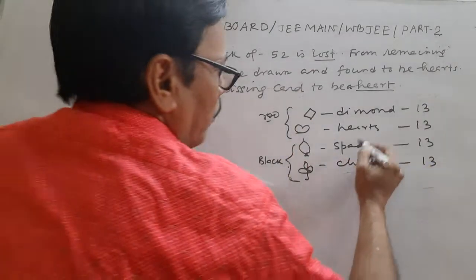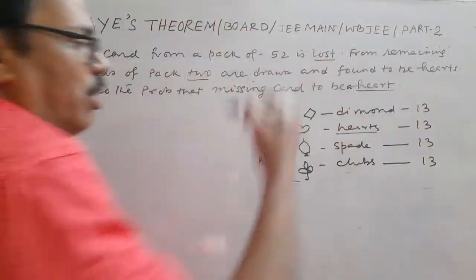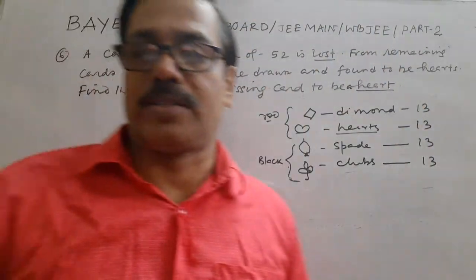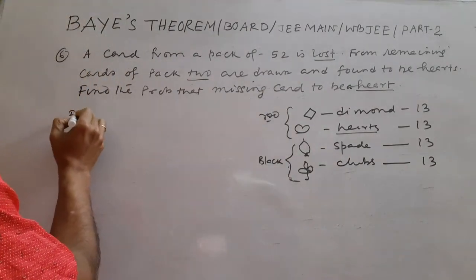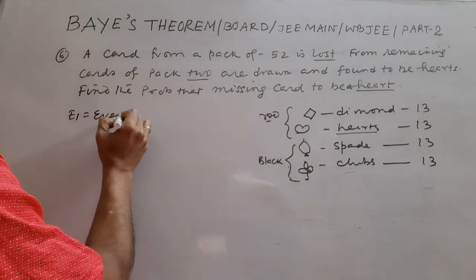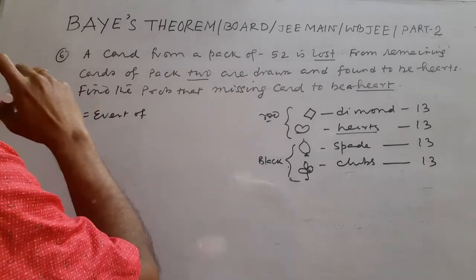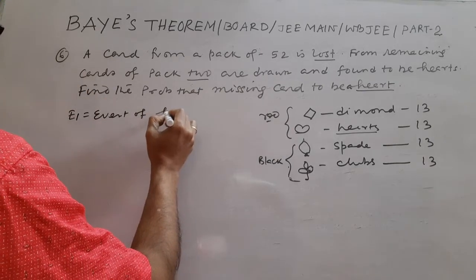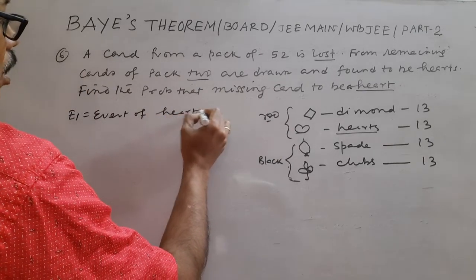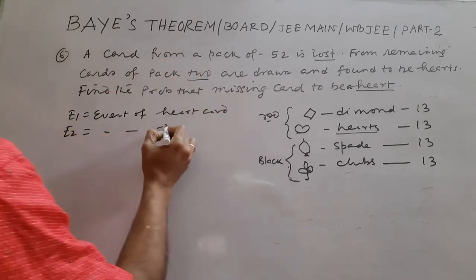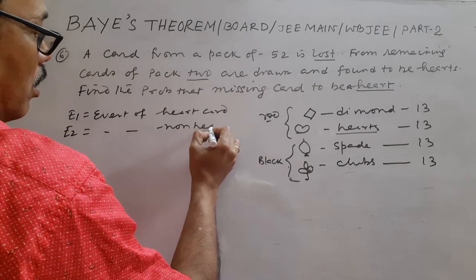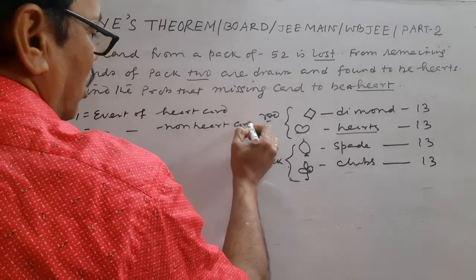E1 equals the event of heart cards. E2 equals the event of non-heart cards.